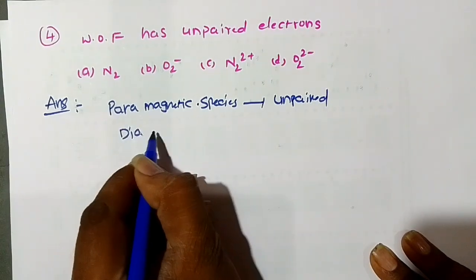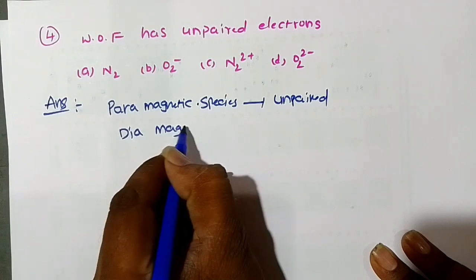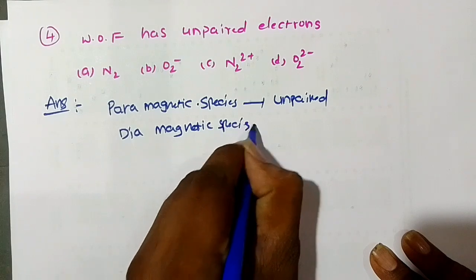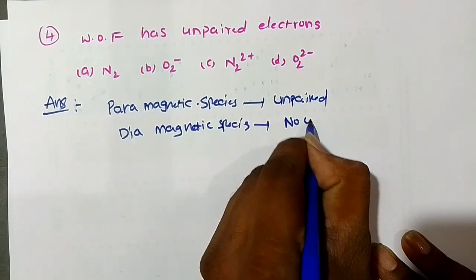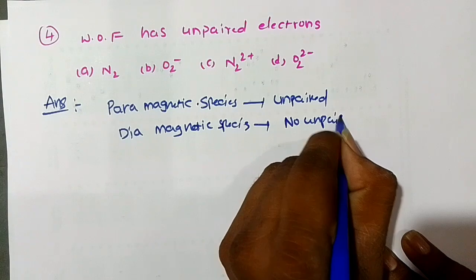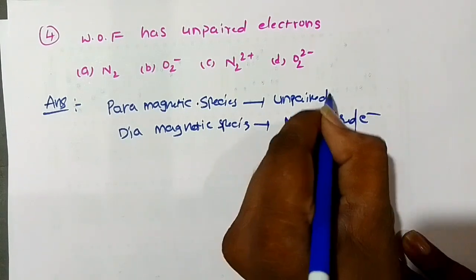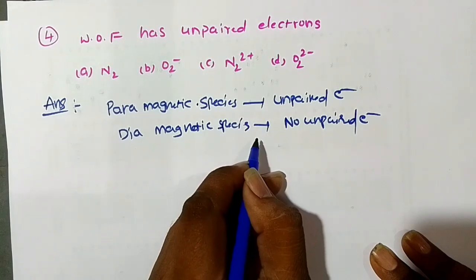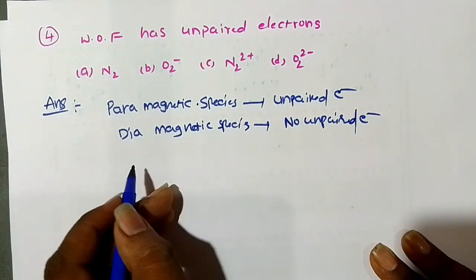Diamagnetic species do not contain unpaired electrons. So paramagnetic species contain unpaired electrons, and diamagnetic species contain no unpaired electrons.